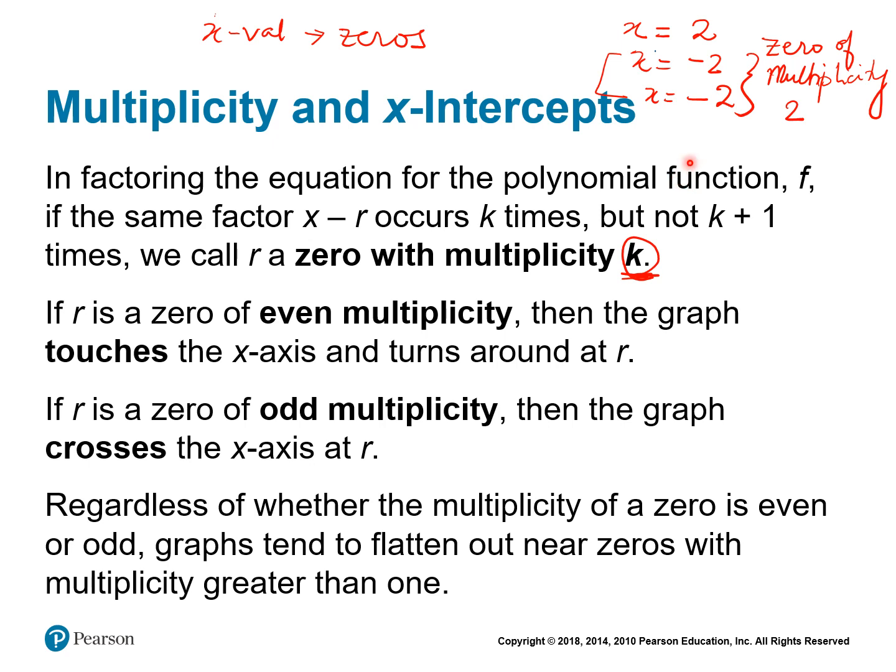It touches the x-axis and then changes direction and goes down. If k is an odd value, then it will cross the x-axis. It will not change direction, it will keep going, but it will intersect the x-axis at that particular value, whatever it is, and then it'll cross it and keep continuing.